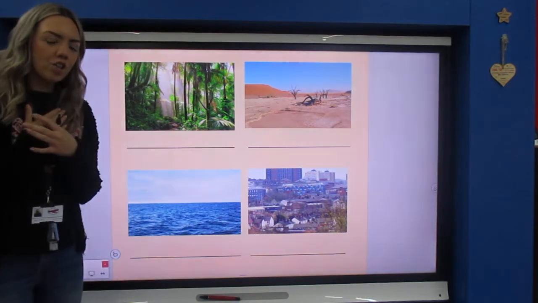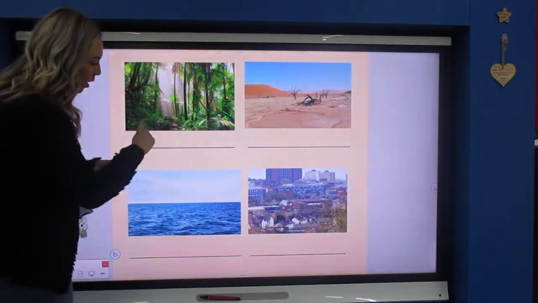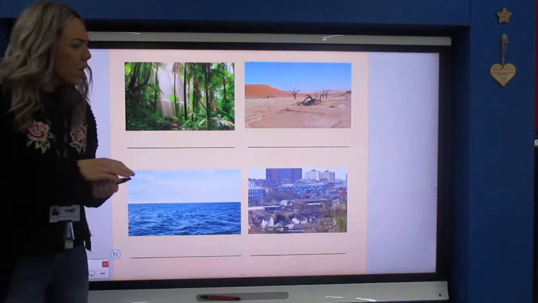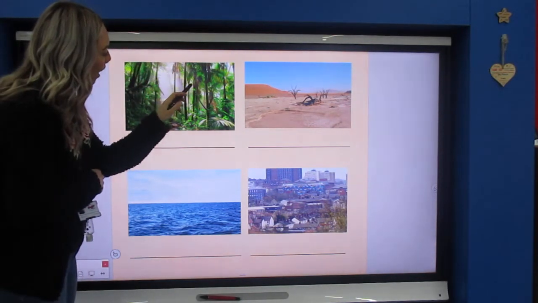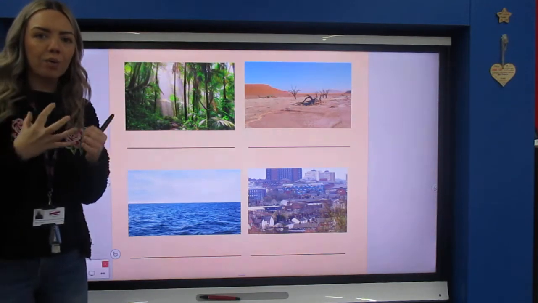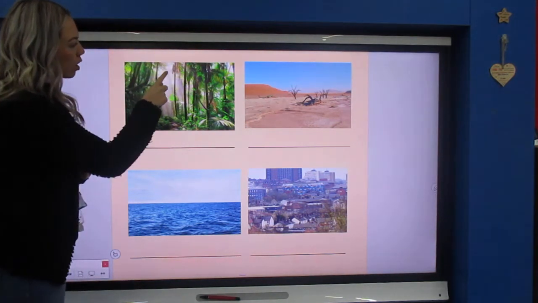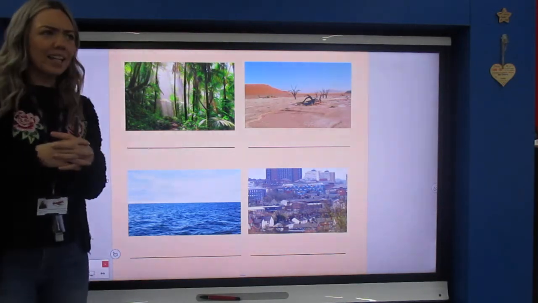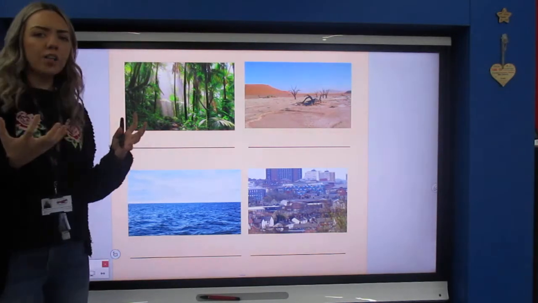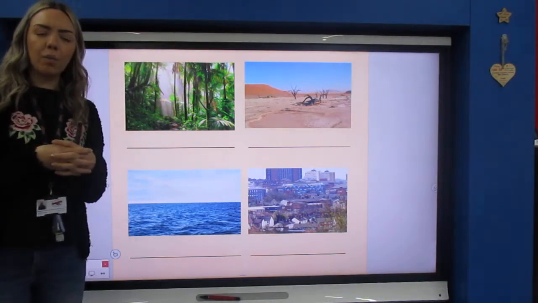So it shows me that it looks like there's a lot of rain, but it also looks very hot, because if you look up here, some of the leaves are brown and dry, which means that they are close to the sun and it must be really hot there. So let's think of a place that's really hot, but also really wet.